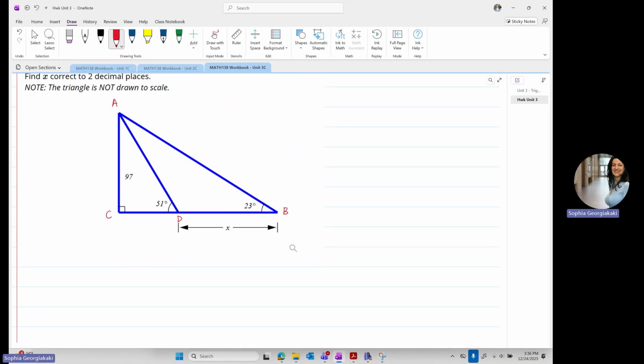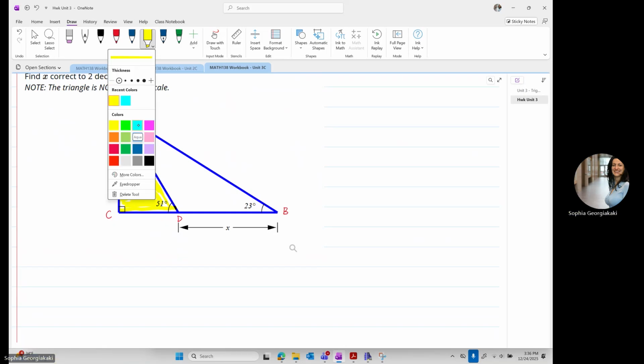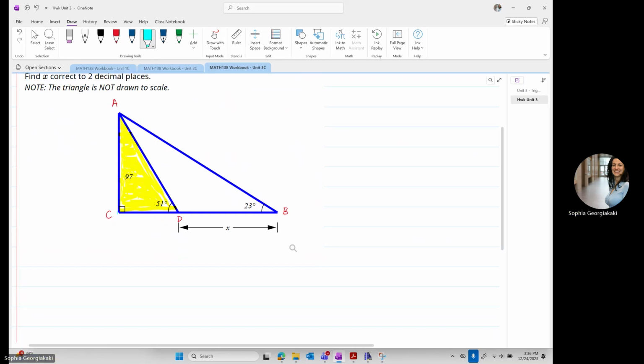I have 2 right triangles here. The right triangles are A, C, D. I'm gonna highlight it in yellow. And the other one is CBA.